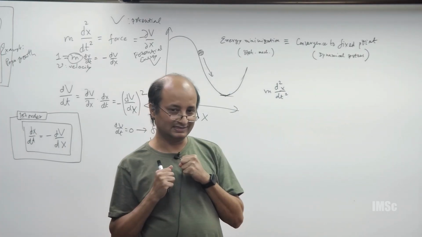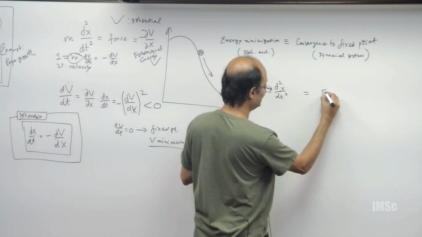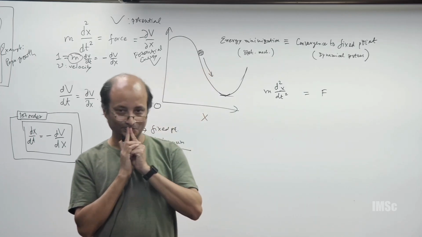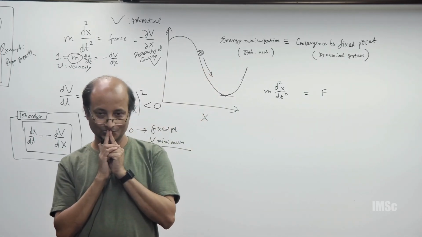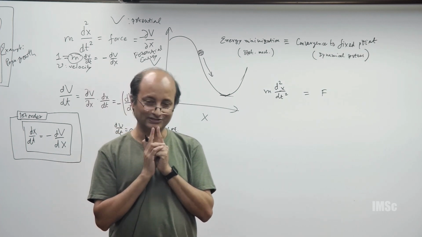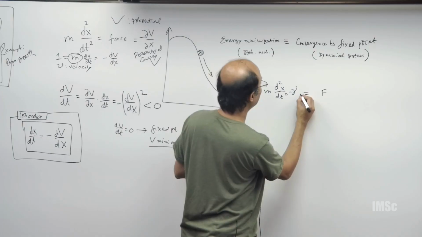In a highly frictional system, it's not just this, there will be an additional term. What's that additional term? Frictional force. How will I bring in frictional force? Something proportional to the velocity, and negative. So basically it will become minus gamma dx dt.